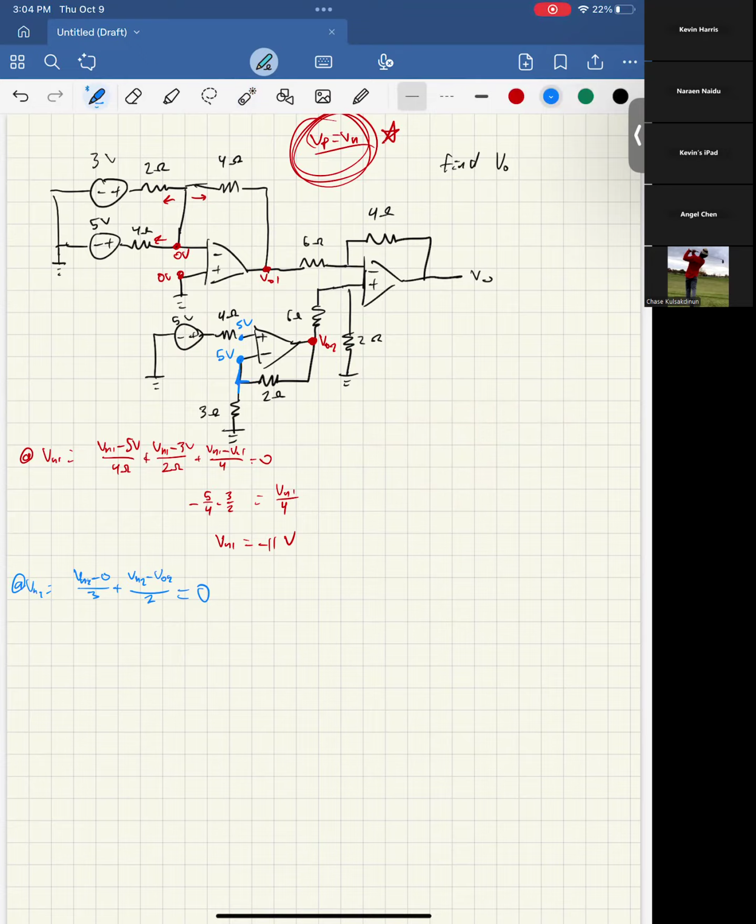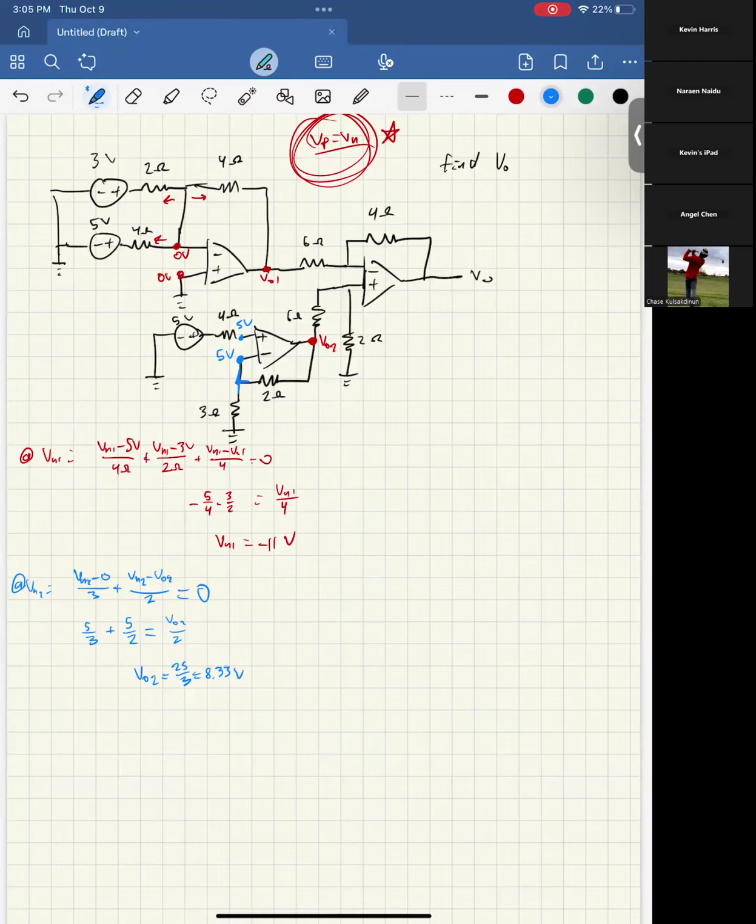So VN is 5, and we end up with 5 over 3 plus 5 over 2 equals V out 2 over 2. We plug that in, 5 over 3 plus 5 over 2, and then multiply that by 2. Let me make sure I'm doing this right. Yeah, we end up with V out 2 equals 25 over 3, or 8.33 volts.